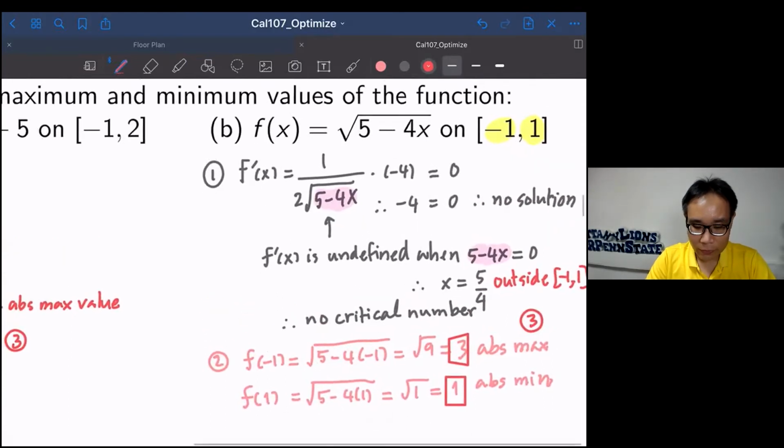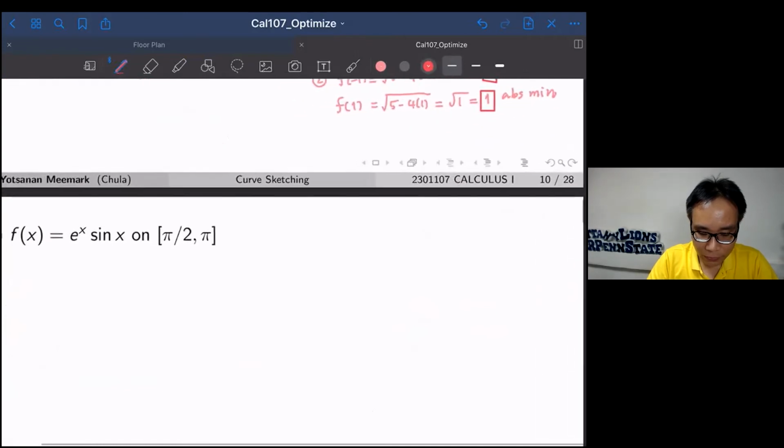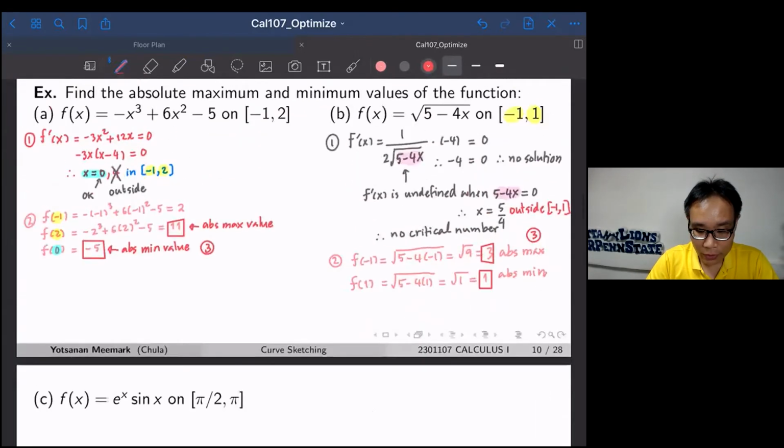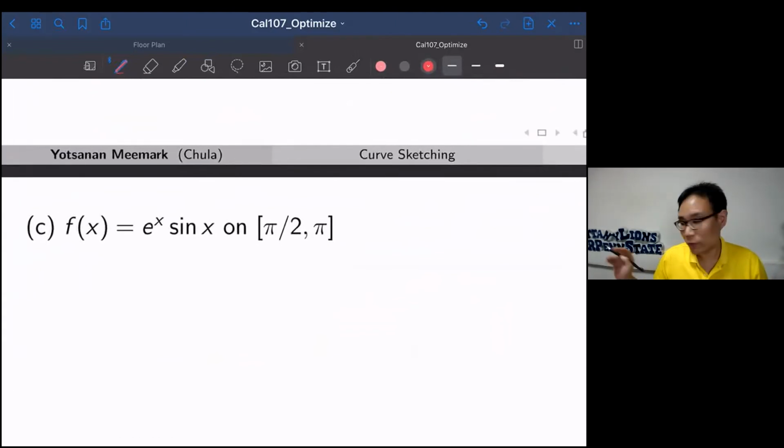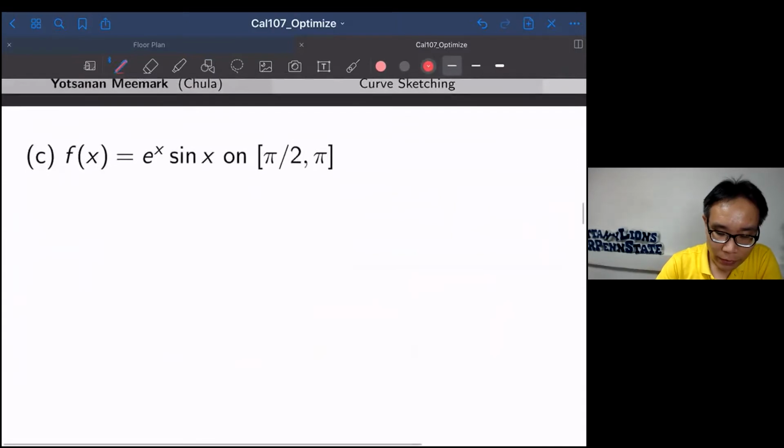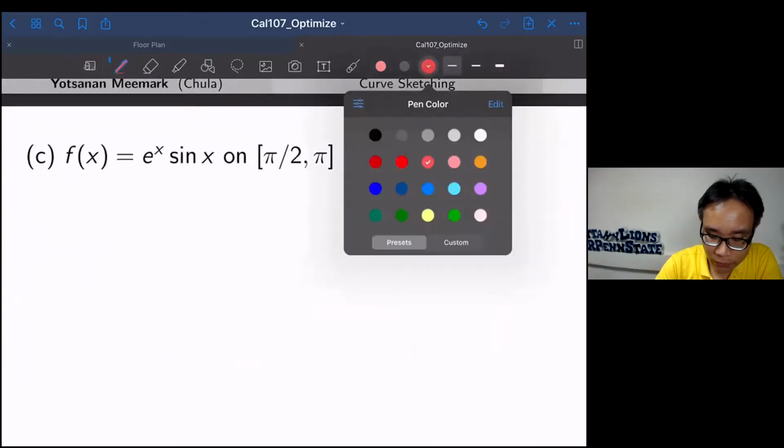Okay, so we're going to do one more. You have f(x) equal to e to the x sine x on the interval pi over 2 to pi. You compute the derivative of this function.